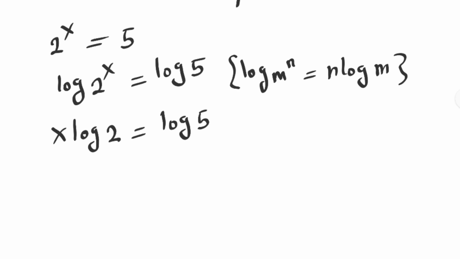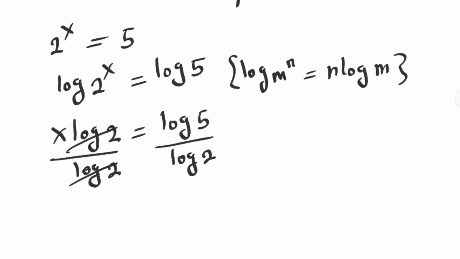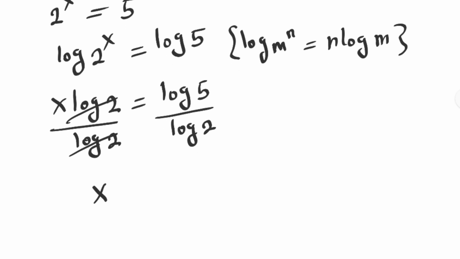Let us divide the whole of this equation by log 2. This divided by log 2 and this divided by log 2. This log 2 cancels this log 2. x is equal to log 5 over log 2.